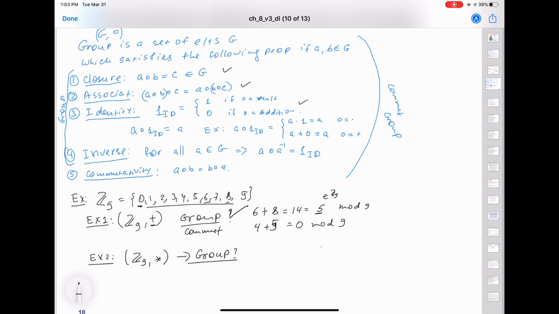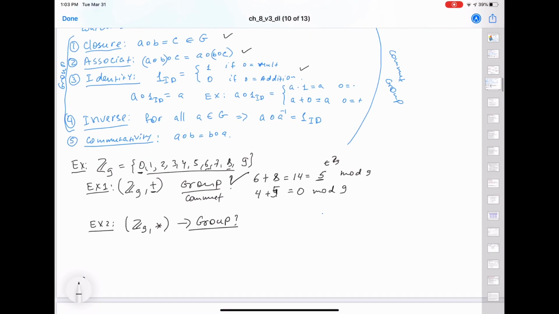So the question here is: does Z9 under the operation of multiplication form a group? In this case, we again have to go back and check closure, associativity, and identity. Yes, all of them are satisfied. Our identity in here is 1. So the inverse: if I choose any element from here, are all elements invertible?